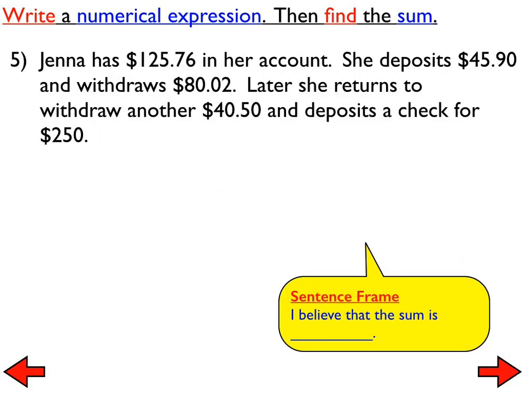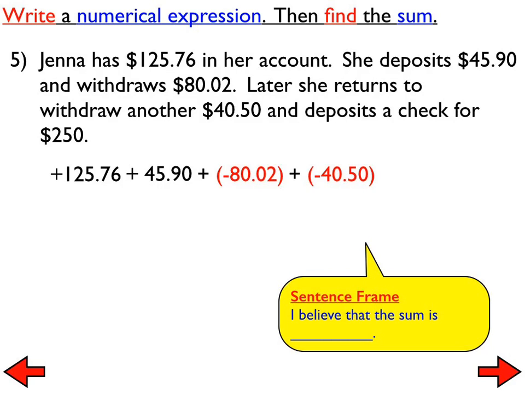So let me take that off and type it out like this. Positive 125.76 plus 40.90 plus negative 80.02 plus negative 40.50 plus 250. Now you take it from there. Gather all your positives together, gather all your negatives together, and let's figure out what she has left in her account.